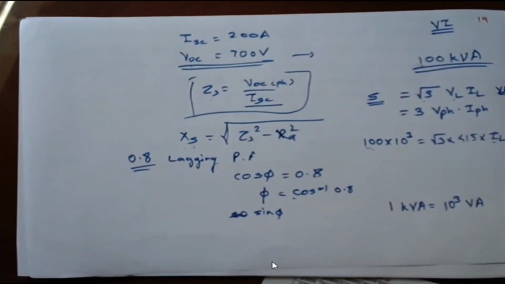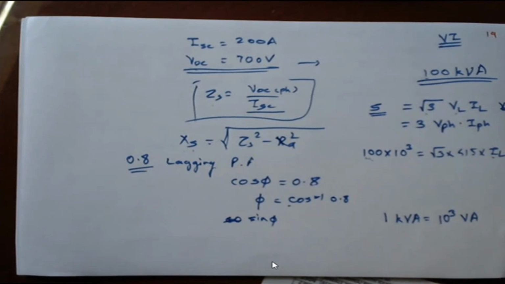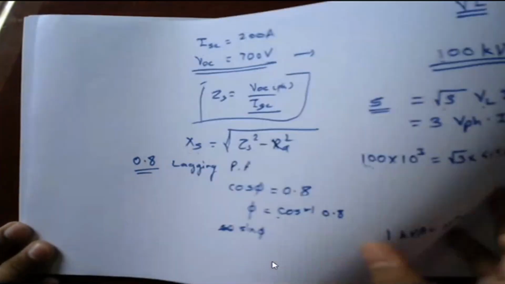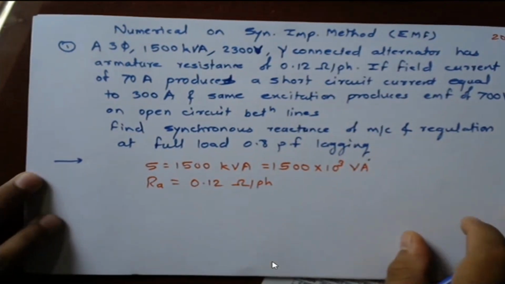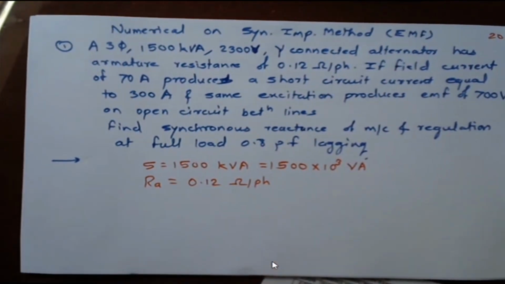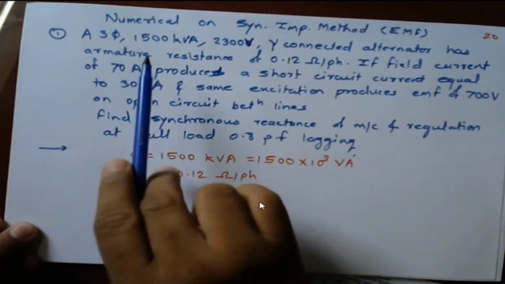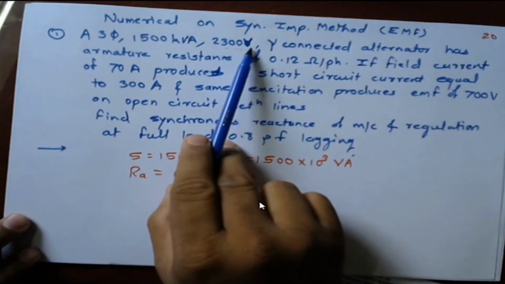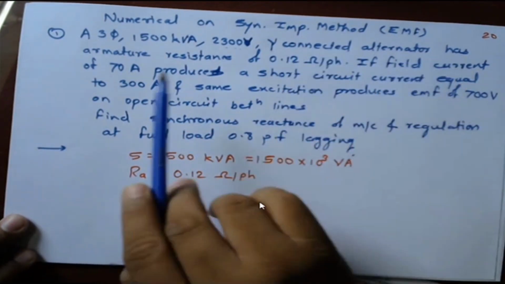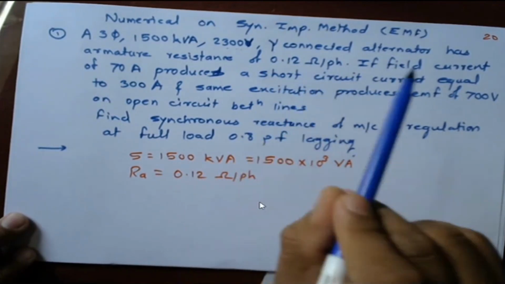So I told you how to do the calculation for solving numericals on voltage regulation, and we have stated one numerical. So let us solve this numerical in which a three-phase 1500 kVA 2300 volt star connected alternator has armature resistance of 0.12 ohm per phase.